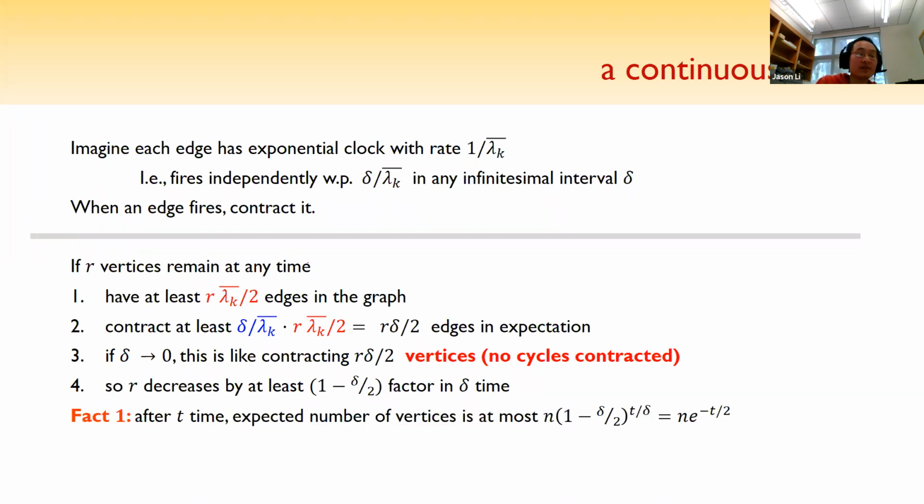Now, the first observation is that after time t, which is t over delta many delta time steps, the expected number of vertices remaining is at most n times e to the minus t over 2.